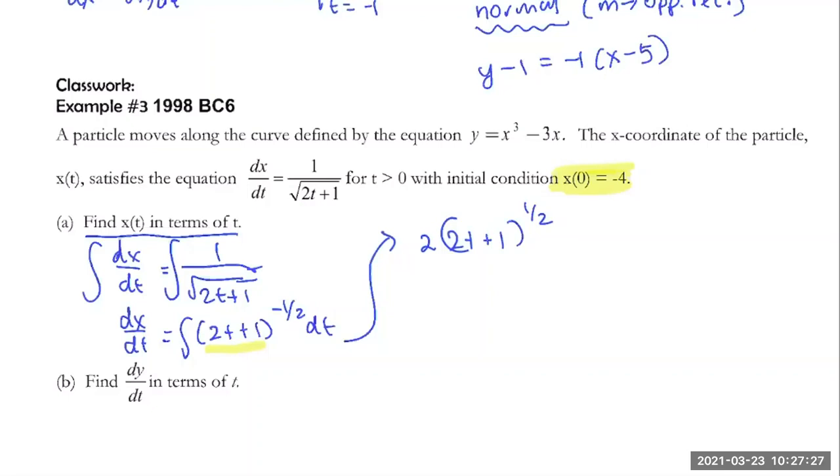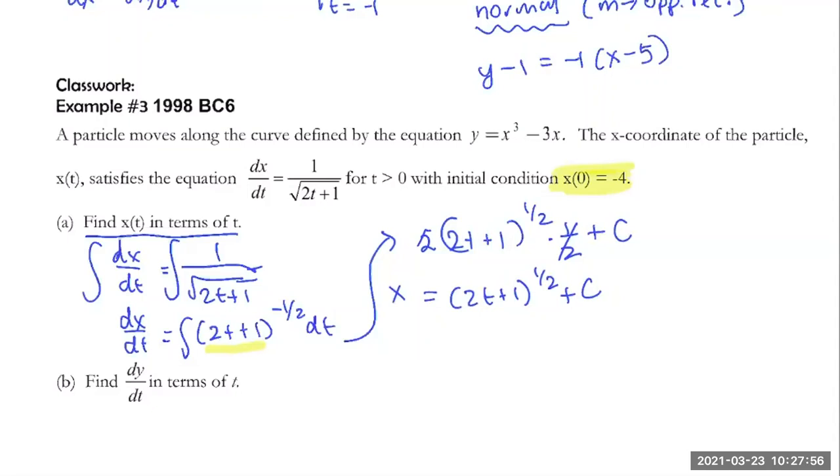So if you normally in a chain rule multiply by 2, you would multiply by positive 1/2. Okay, so that's your antiderivative. Notice that the 2 and the 1/2 cancel out. And remember that you have that plus c. Don't forget that plus c at the end. And so we got (2t + 1)^(1/2) + c. This is what x of t is equal to.